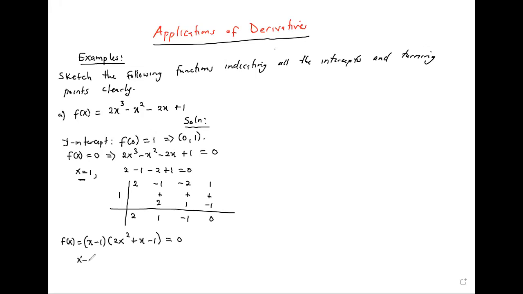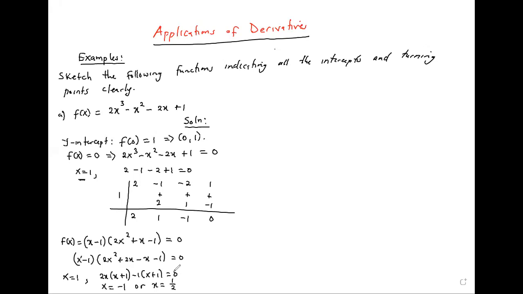So we'll have x minus 1, and then 2x squared plus 2x minus x minus 1 is 0. So we get x is 1, or 2x, x plus 1, negative 1, x plus 1 is 0, so that x is negative 1, or x is positive half.